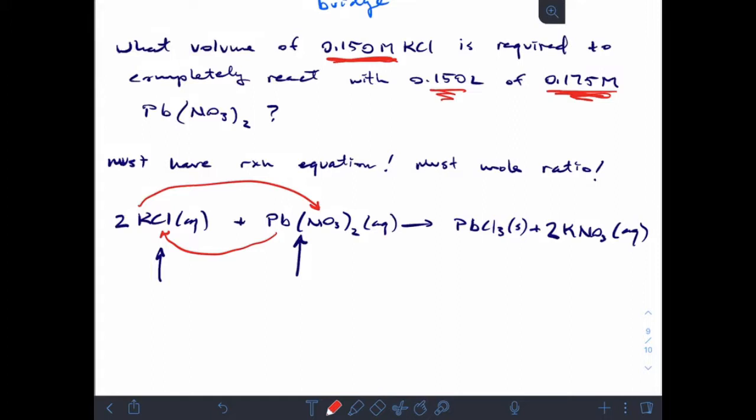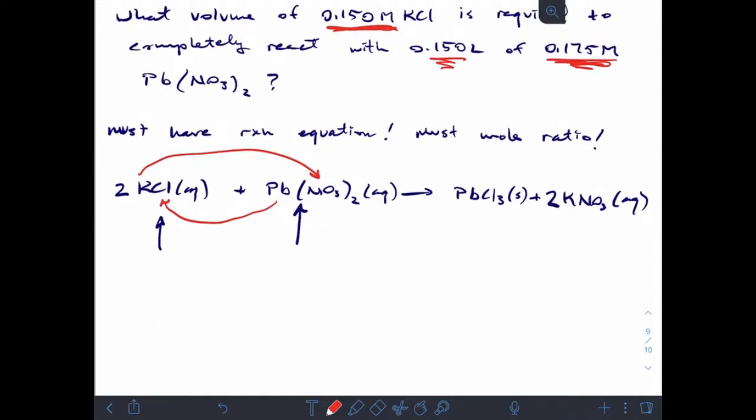If I have volume and molarity, I can use that to convert to moles. So I'm going to start with the 0.15 liters of lead nitrate. And again, I want to emphasize the importance of using labels on everything, because when we get into these types of problems, you're going to want to make sure you're keeping track of what you're doing a calculation of.